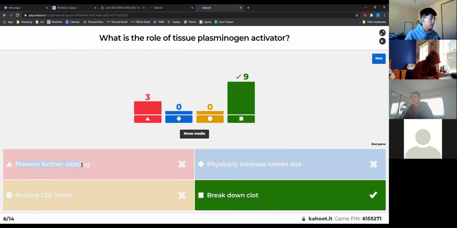Those are things like, the only thing you would have learned so far is aspirin. That's what red would be for. But TPA is to break down clots. I think you'll be talking about lipid lowering drugs next week, and then we'll cover it then. But in this case, it's to break down the clots.